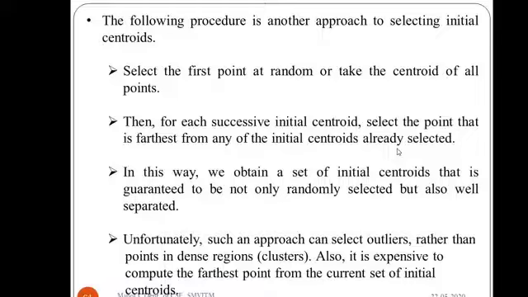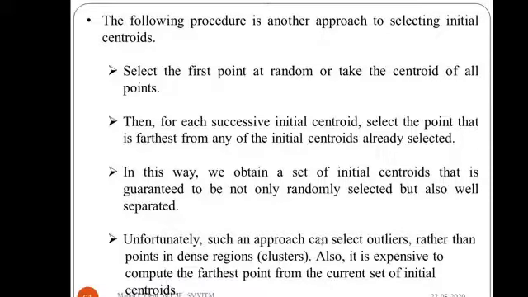In this way, we can ascertain that the set of initial centroids we have selected is not only randomly selected but also well separated. If one initial centroid is farthest from another initial centroid, then we can ascertain that they are well separated, which will result in well separated clusters.